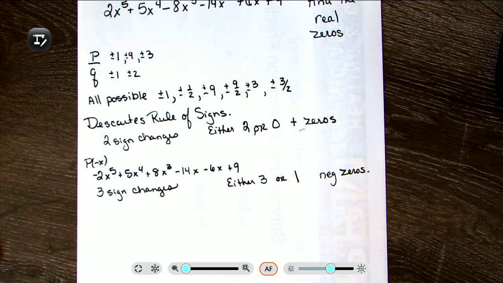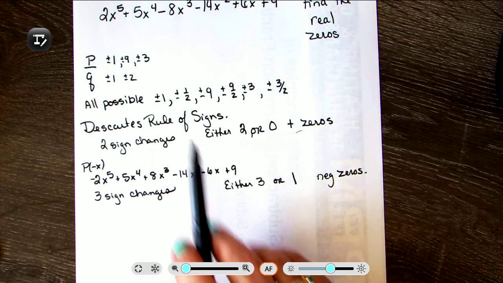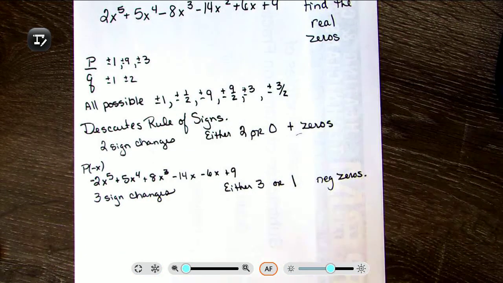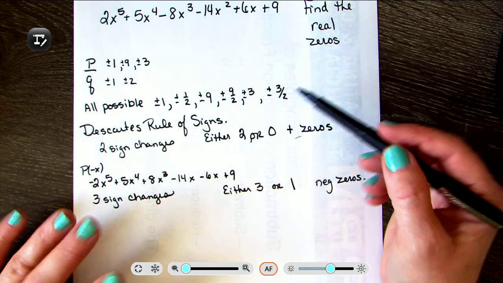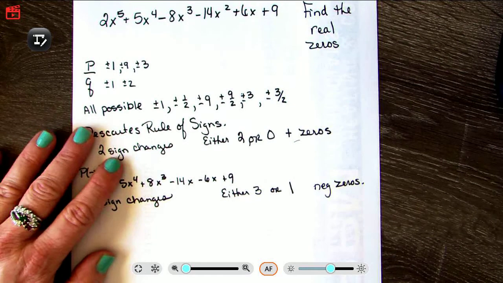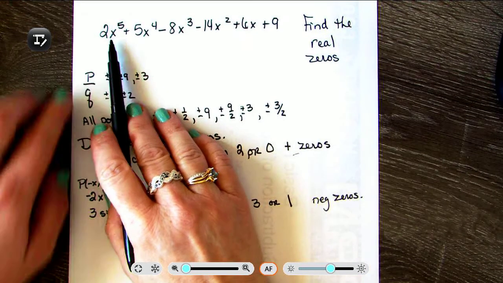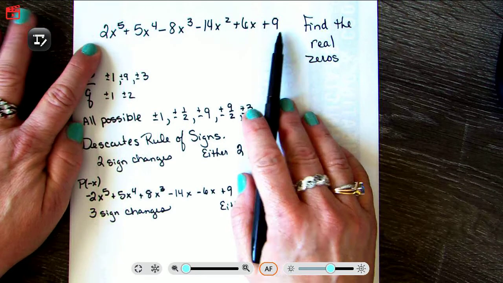All right, so what we're going to do is we just got to start checking. And that's the bad part, is we just are going to have to pick something and say, okay, let's see if it works, and find a 0 or not. I also kind of look at, remembering that it's a 0, if I put it in here, it has to make 0.